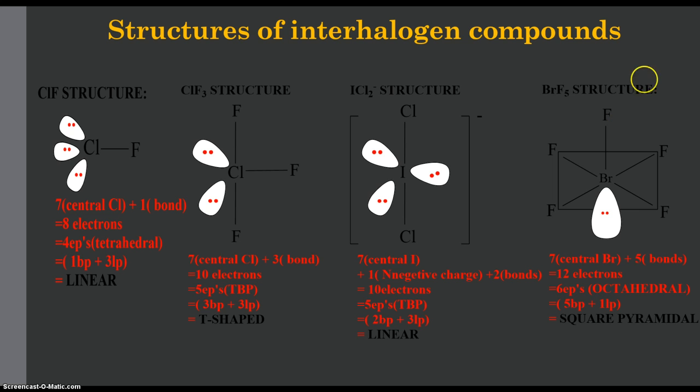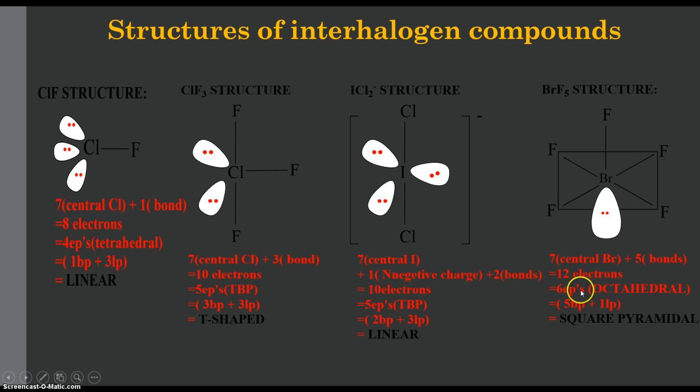In the structure BrF5, the central atom is bromine, so it will have 7 electrons. The central bromine atom is making 5 covalent bonds, so plus 5, so total 12 electrons. 12 electrons means 6 electron pairs.